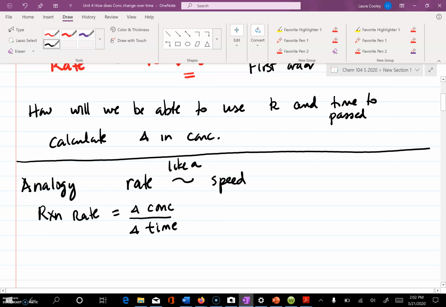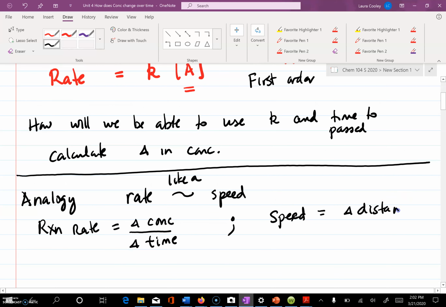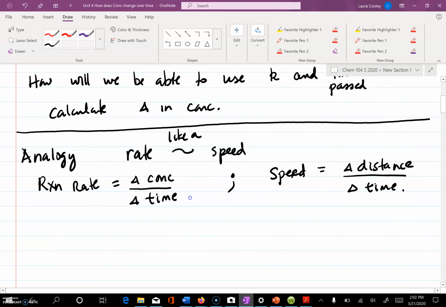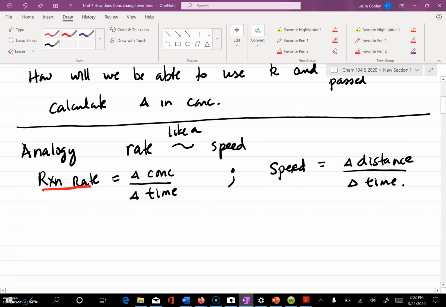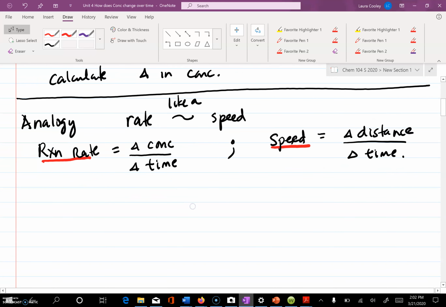We talked about that. If we're talking about speed, like the speed that a car is moving or the speed that you're walking, that's the change in distance over the change in time. So reaction rate and speed are both changes in something over the change in time.